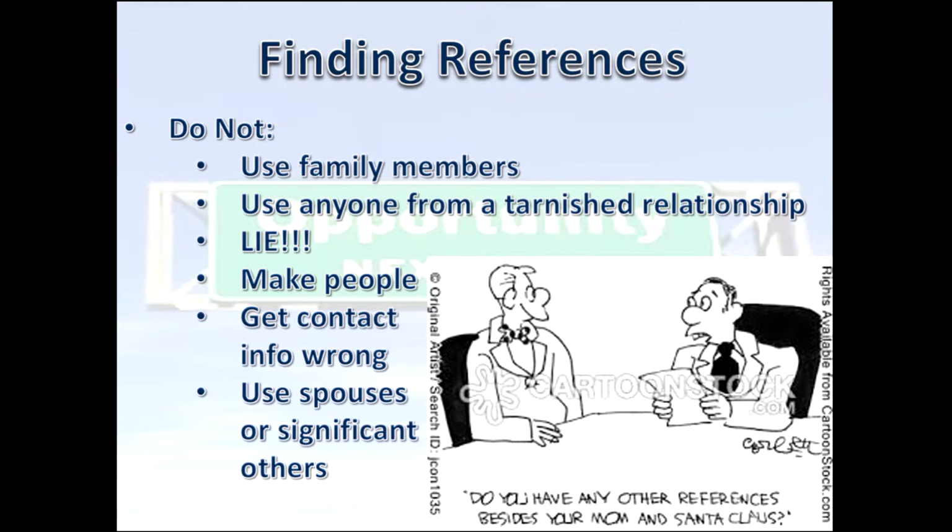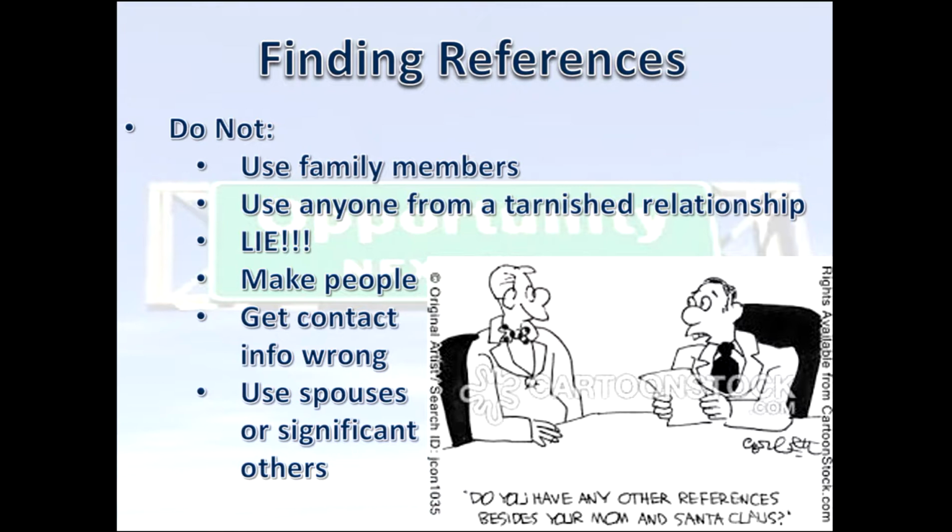You can't do that. I have actually had someone who made someone up before on a list of references, because when we tried to contact them, they did not exist. So we definitely did not hire that person. You absolutely cannot get the person's contact information wrong.